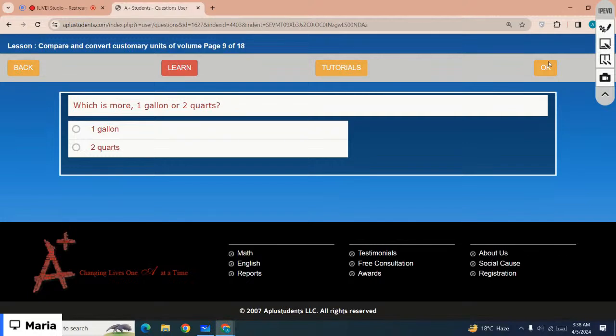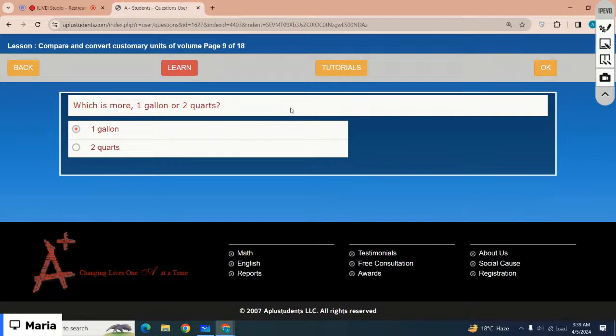Which is more, 1 gallon or 2 quarts? 1 gallon equals 4 quarts, right? So which is more? 1 gallon is more because in 1 gallon you have 4 quarts.